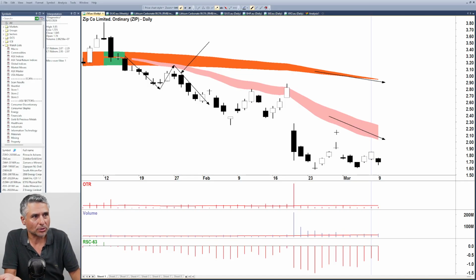What I like to do, if I can be around, is see how it's trading around the open. If it's opened a bit higher and it's starting to come down, I'm happy to just enter at market, won't stress out too much. If I can't be there, or if it's down already, generally I'll be there at the open, so I'll be able to see it. That's less often the case.